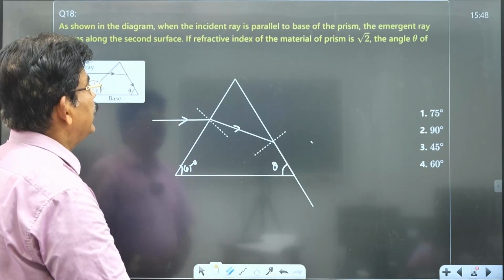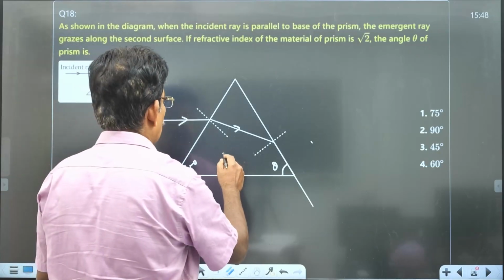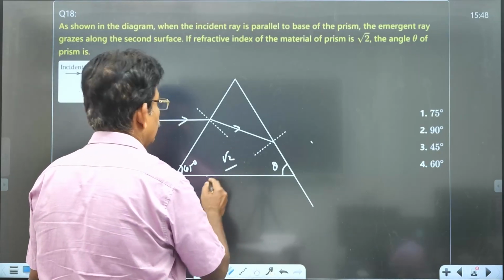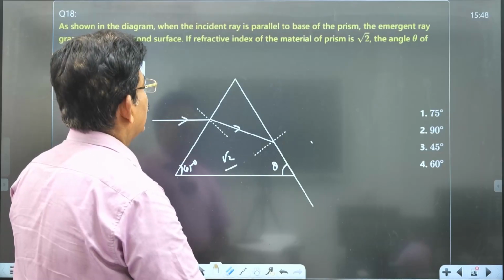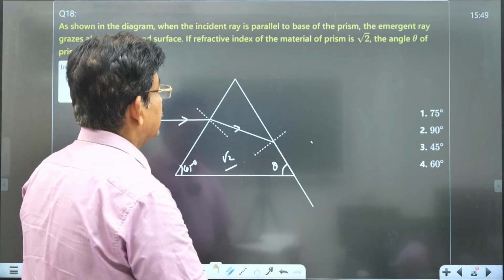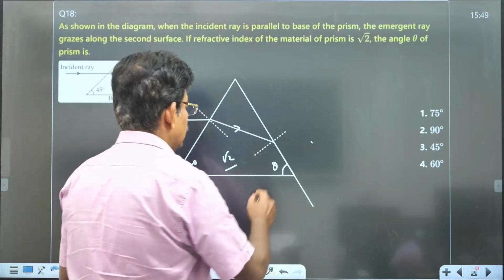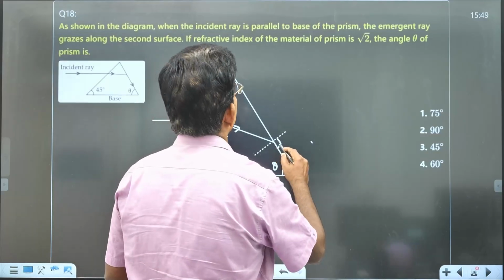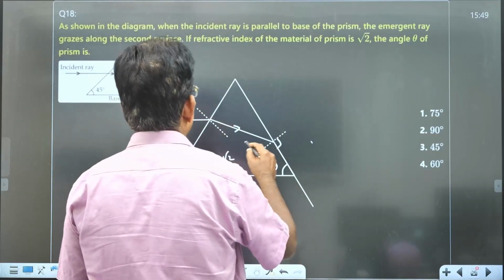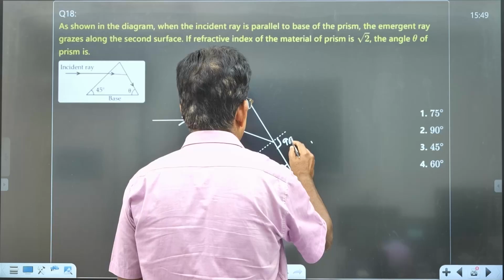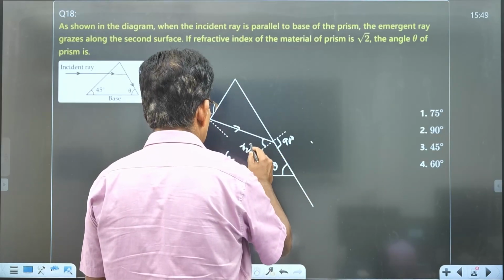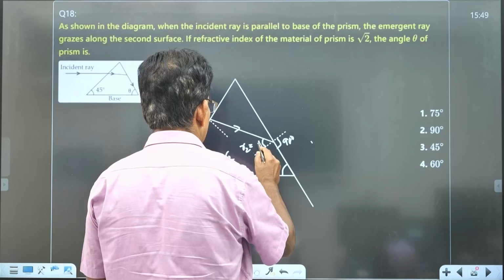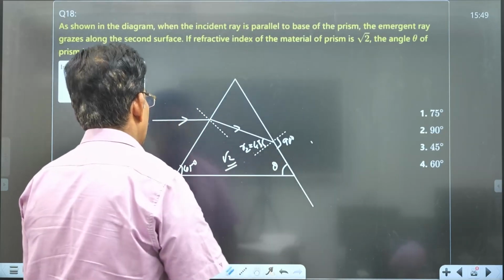If the refractive index of the material of the prism is root 2, and here the emergent ray is grazing along the second surface, this is 90 degree. As in the previous problem, this is coming to be 45 degree, because the critical angle is 45 degree, R2 is 45 degree.